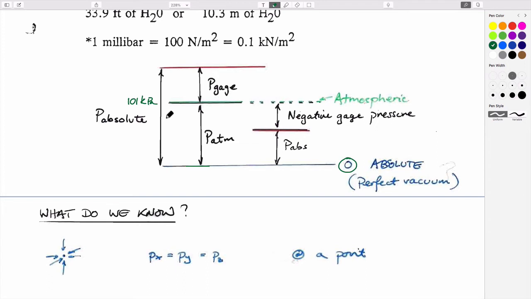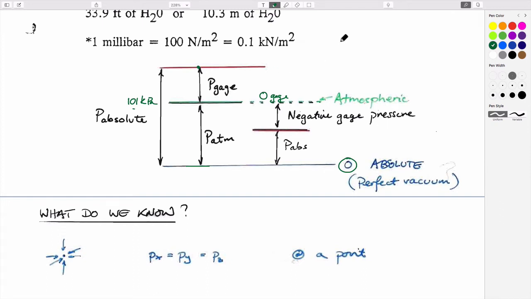If we define that as atmospheric pressure, this magnitude is equal to 0 gauge pressure. If we go to some pressure above that, then from 0 to whatever the pressure is, that is the new gauge pressure. The absolute pressure would be the gauge pressure plus the magnitude of atmospheric pressure added on top of it.